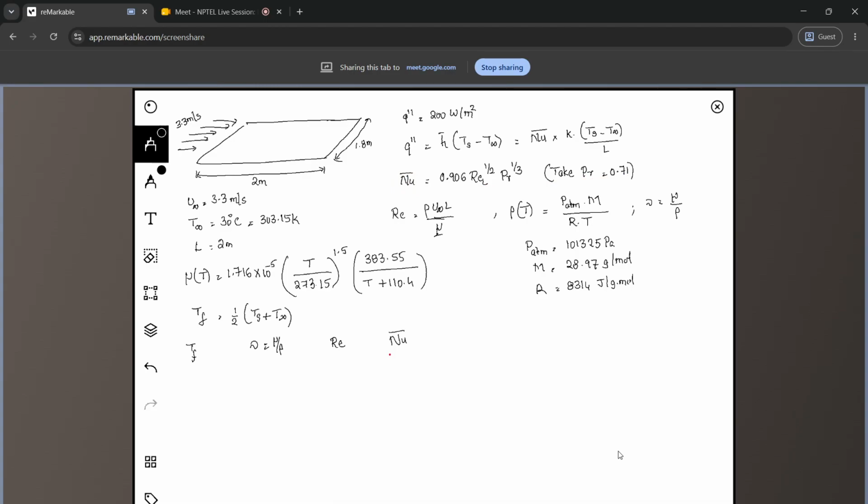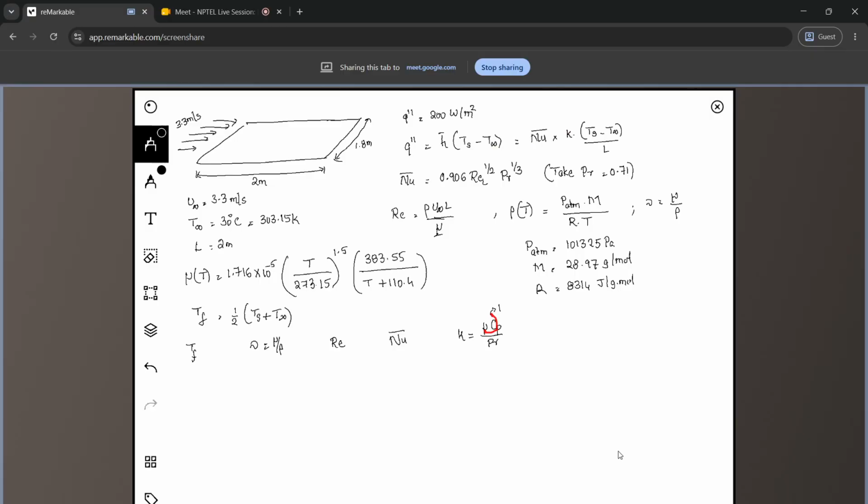Once you get the Nusselt number, we need to calculate Q double prime, so we need to calculate Ts. In order to calculate Ts, I have the Nusselt number, but I still need the value of kappa. Thermal conductivity you can calculate from the definition of Prandtl number, mu Cp by Pr. We already know the mu value at that particular film temperature.